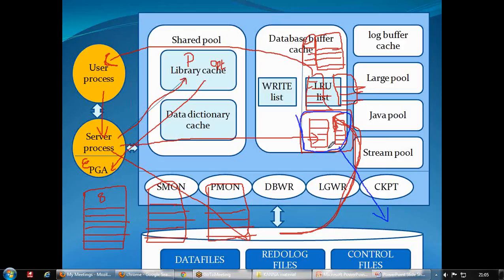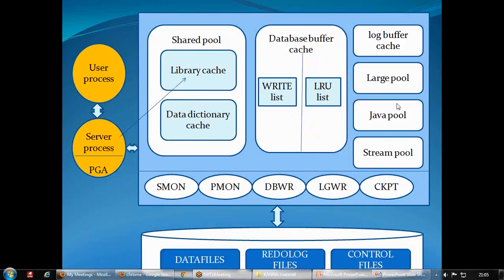When these blocks are flushed out from the instance, the above blocks will be moved into the below portion. So it's just like a queue. Whoever enters first, that data will be leaving first. So I'm just explaining it to you in a different way.